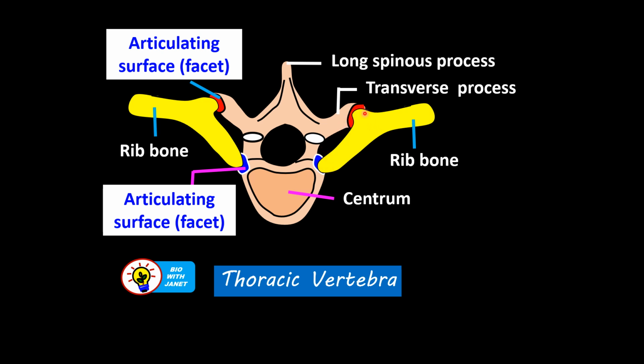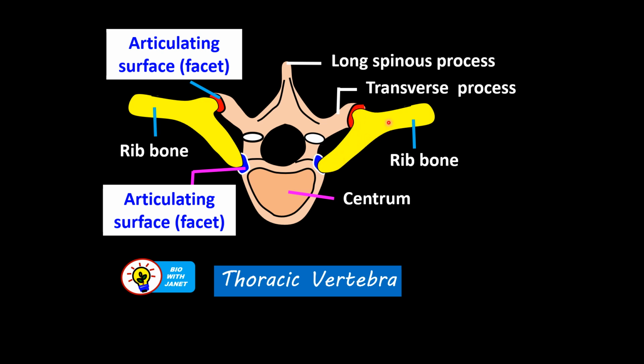You see, this is the first facet here for one part of the rib to attach to, and then this one here is the second facet, which is found at the side of the centrum. All right, also for articulation with the rib, because the rib has 2 small projections here, right?